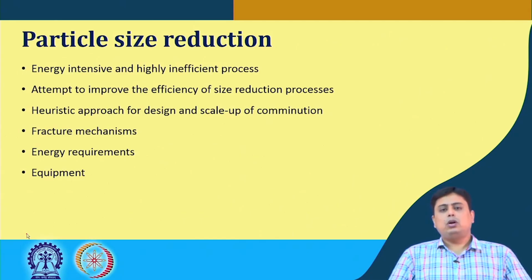And then we will look into a brief discussion on the different types of equipment that are available for different types of size reduction. Different types of size reduction means different stages of size reduction, because it is logical that if you take a block of particle, say a 1 meter block of rock, in a single stage you cannot make it into 10 micron size particles.